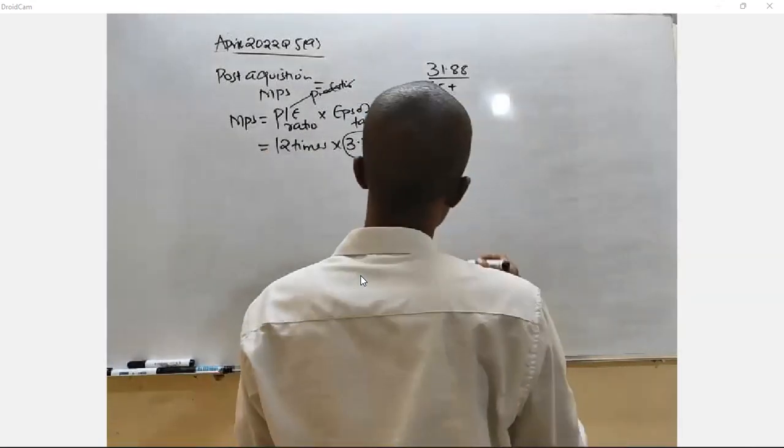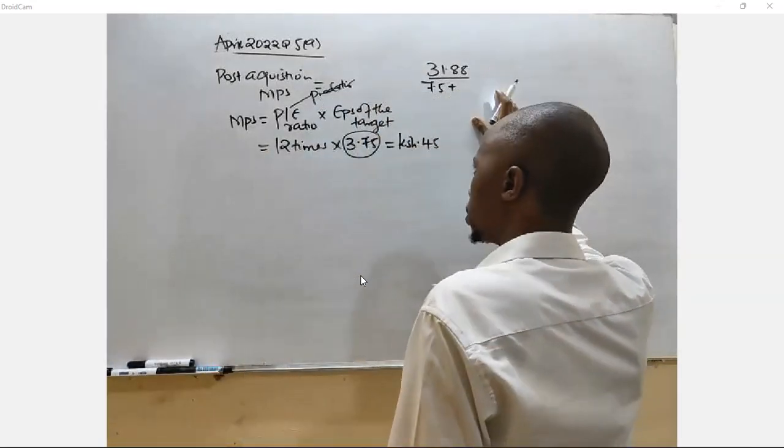So if this is not provided by the examiner, then you can use the post-acquisition earning per share.